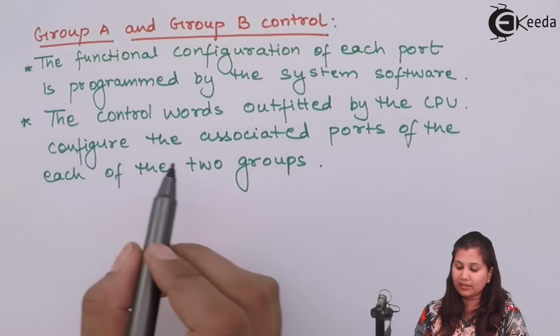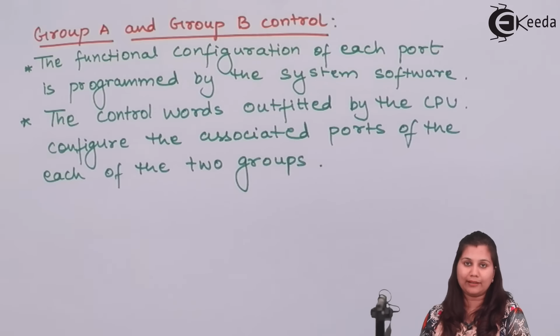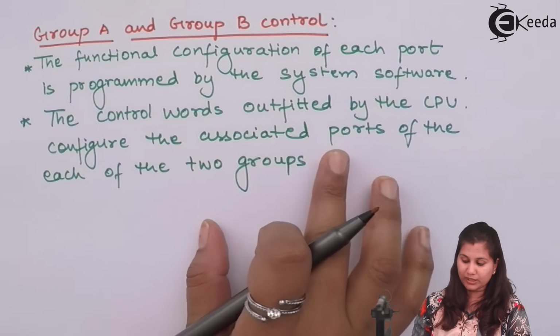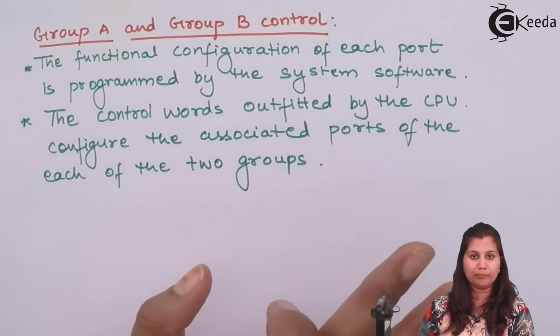It configures the associated ports of each of the two groups, because we have group A and group B. Group B has port B and port C lower. The control word written in the control register decides which group is going to be active. The control word output by the CPU configures the associated ports.